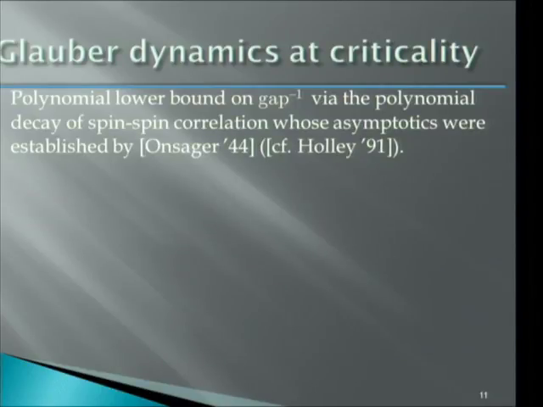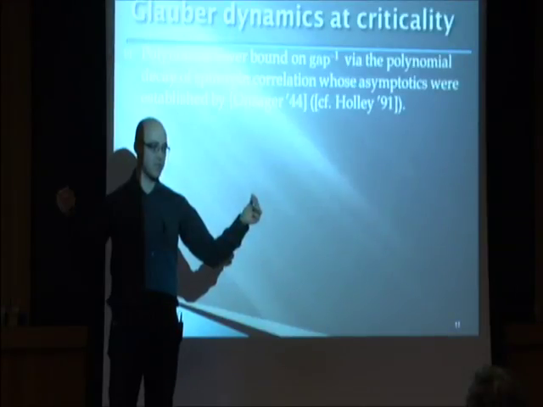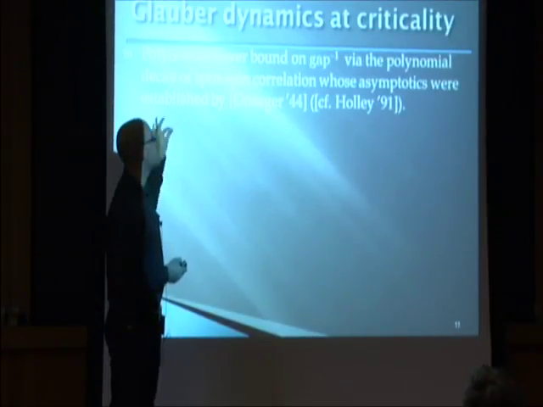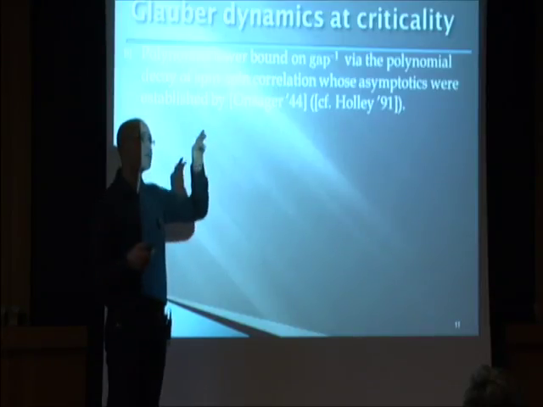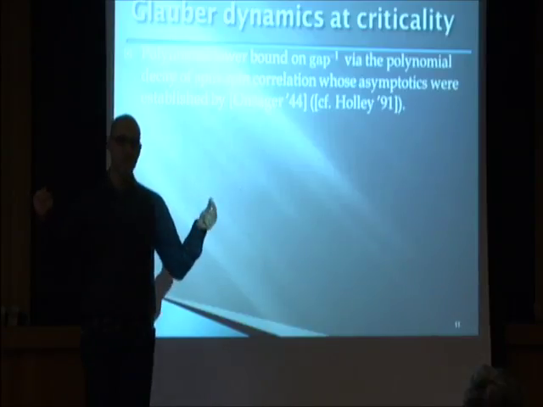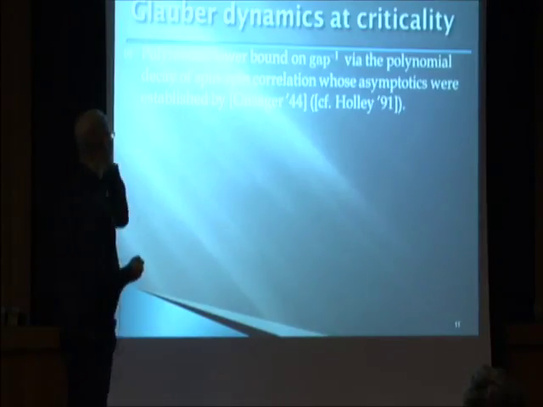He showed that at high temperature, if you look at 2 spins, their correlation decays exponentially in the distance between them. At critical temperature, Onsager showed that the correlation is only polynomially decreasing between sites that are distant from one another.